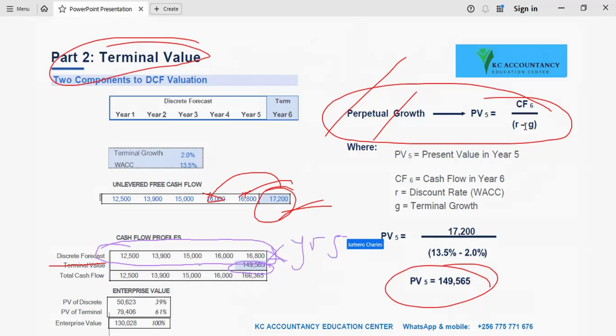So by bringing this figure back to our cash flows that we are discounting, we put it in year 5 and we add them so that we can get the total cash flows. They are the ones down here. So these total cash flows that you are seeing here are the ones that we are going to use.